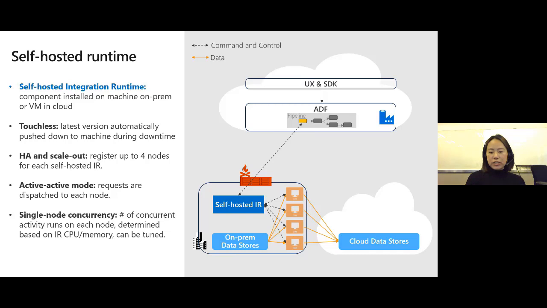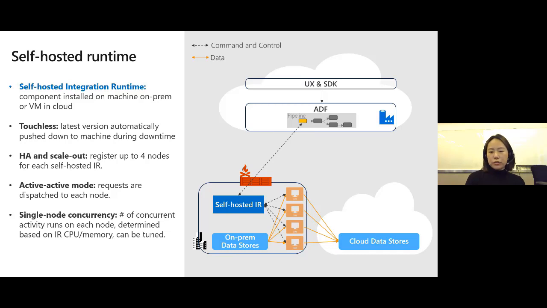For the agent that you installed on your side, we do support auto upgrade. So you install the agent, we will push the latest bits to it, so you don't need to worry about the maintenance. And to empower more hybrid data movement workloads, you are able to scale out the nodes to up to 4 nodes.